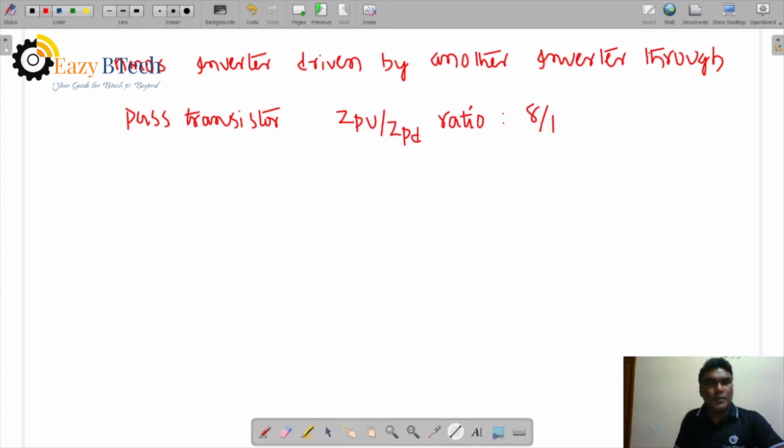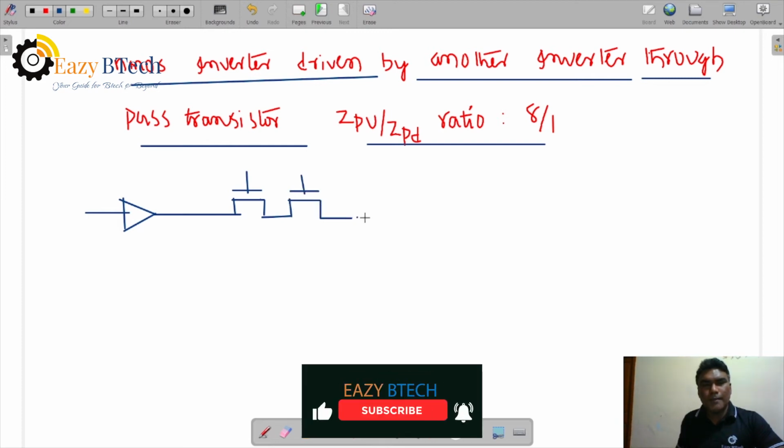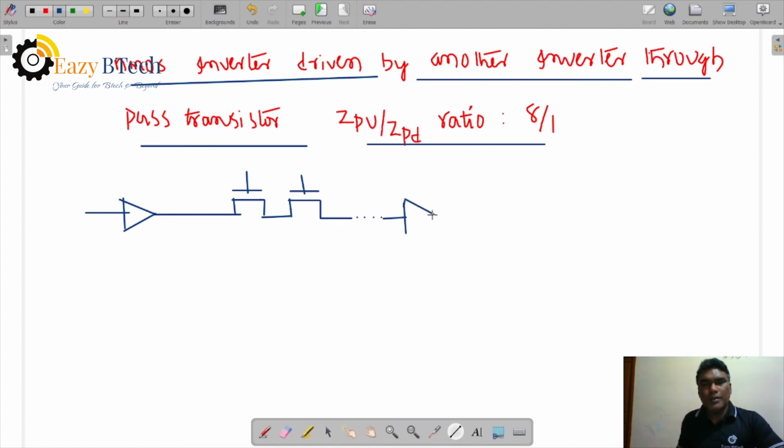Now if pass transistors are there in between two inverters, what is the pull up pull down ratio of the first inverter? Let us see this one. One inverter is designed by an NMOS transistor, and through pass transistors the logic is passing, that is nothing but NMOS transistors here. Then the second inverter.